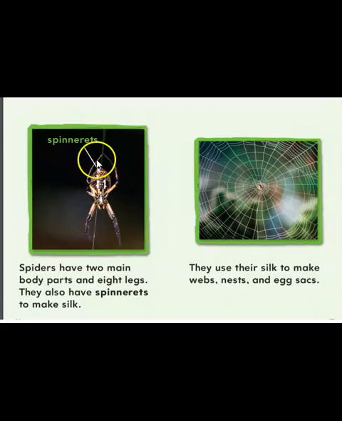So here's the silk, and the arrow is pointing to the spinnerets. That's the label telling us that's what they have to make silk, and it's called spinnerets. They use their silk to make webs, nests, and egg sacs.